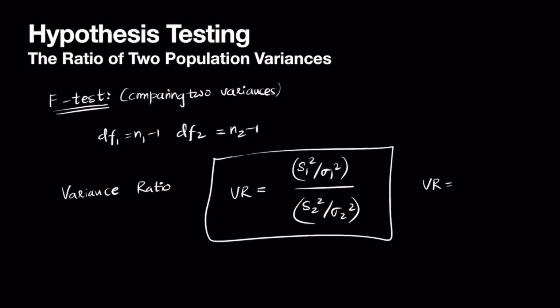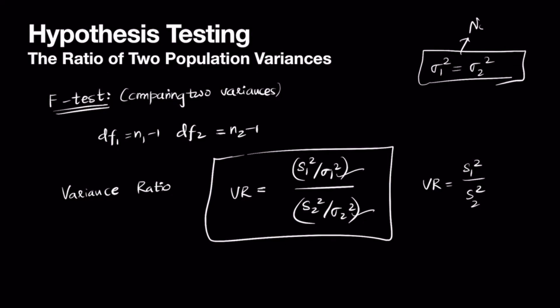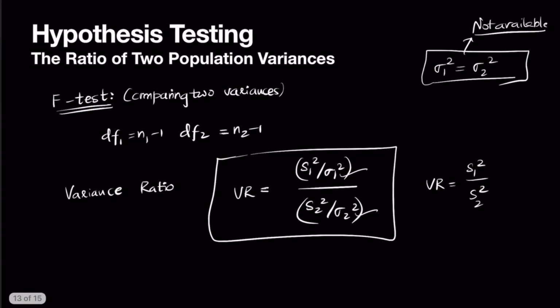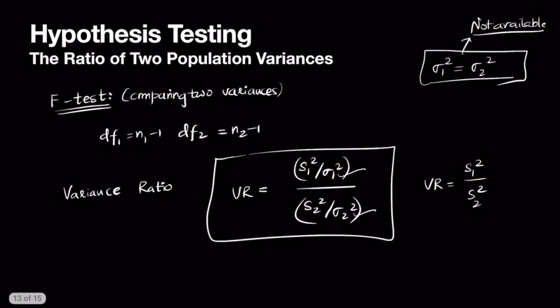So the assumption is that the populations are the same, and we can consider the variance ratio to be based on the samples themselves. The reason we don't use sigma 1 square and sigma 2 square is that these two values are generally not available. So we are just comparing the sample variances, and we condense the formula for the variance ratio to S1 square by S2 square.